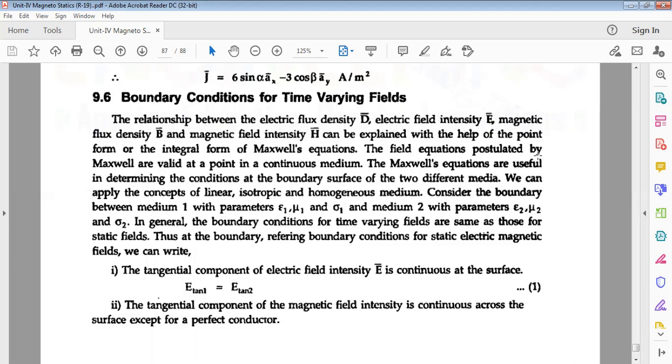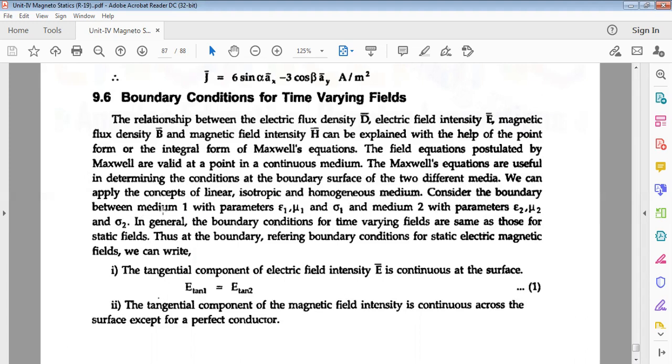The field equations, Maxwell's equations, are useful in determining the conditions at the boundary surfaces of two different media when we apply the concepts of linear, isotropic, and homogeneous medium.